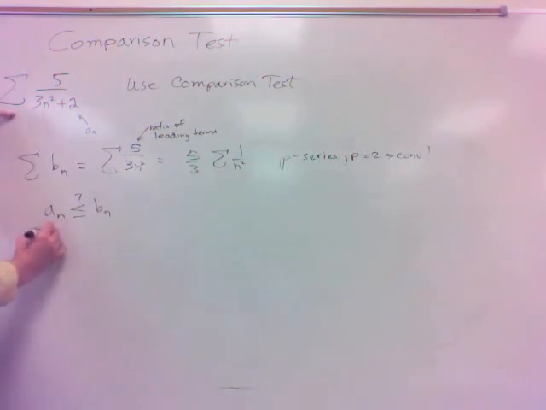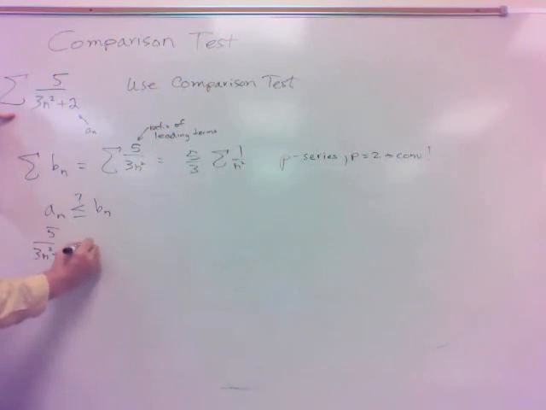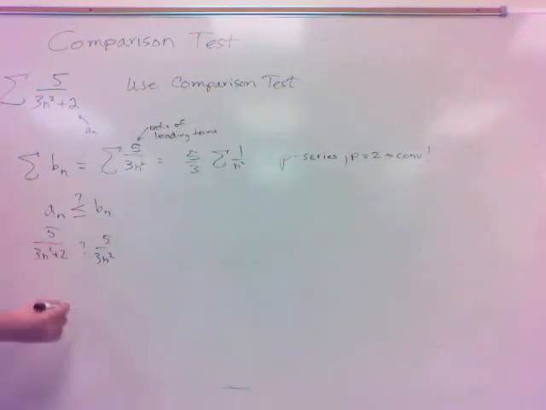All right, well, the a sub n's, 5 over 3n squared plus 2. Compare that to 5 over 3n squared. Is it less? Because if it's not less, we're in trouble, or the comparison test will do us no good if it's greater. Well, let's think about this.